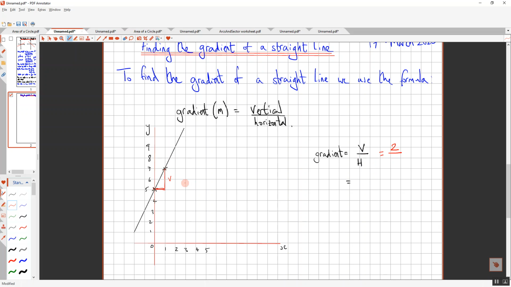What is the horizontal distance? 1. All right. So the horizontal distance is 1. What is 2 divided by 1? 2. Right, so the gradient is equal to 2.